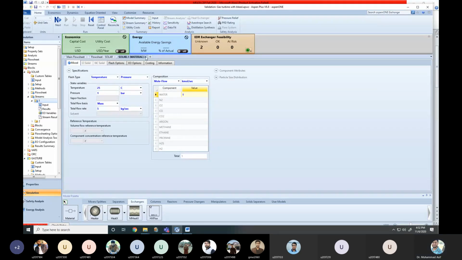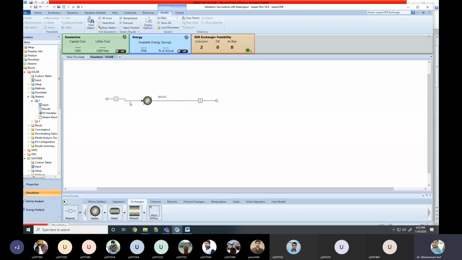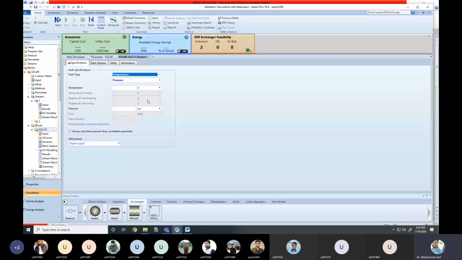And we want this water as steam, so the vapor fraction should be equal to 1. We want to convert that water into steam, just vapor, at which pressure? Let's say 3 bar. So you can simulate this.